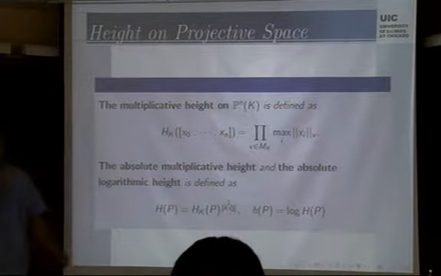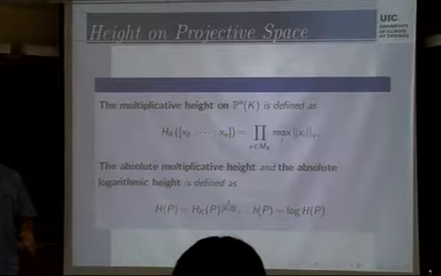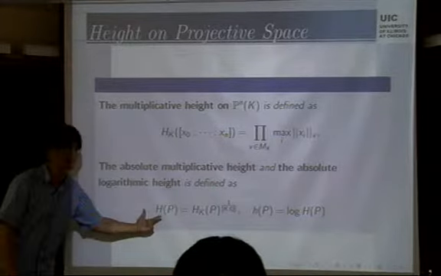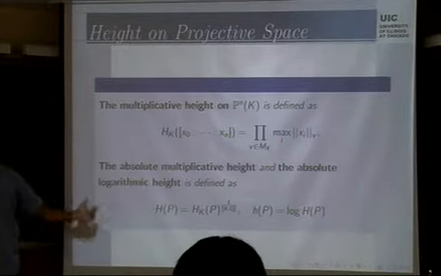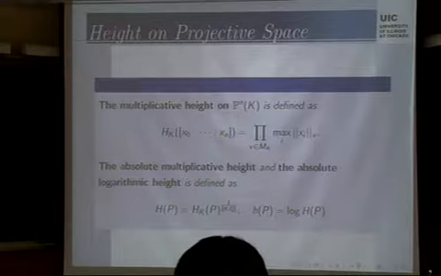Then that's a well-defined function on projective space over the algebraic closure of your number field. Now we have a height function which is well-defined on the algebraic closure, and it has a quite good property, which is called finiteness. If we have a set of points whose height is bounded, then we only expect finitely many K-rational points.